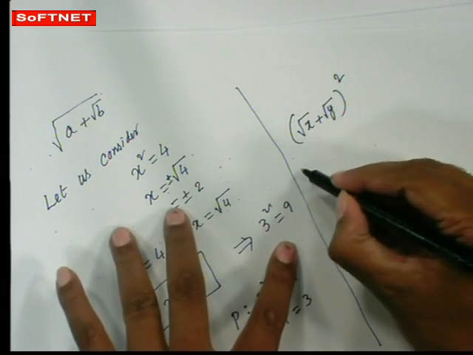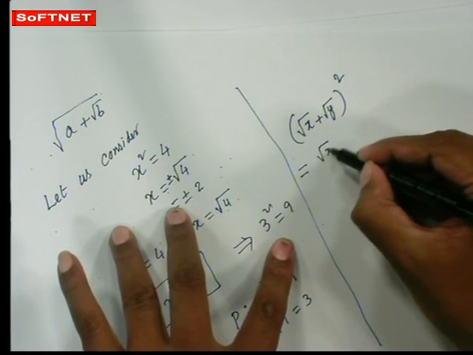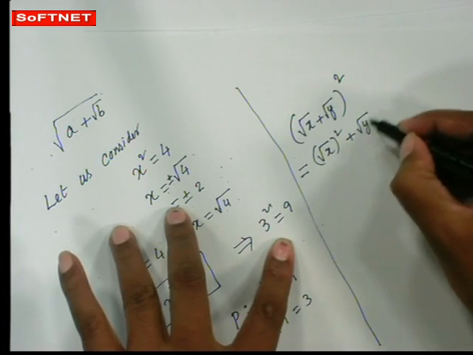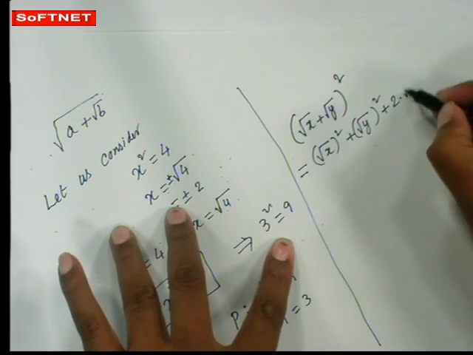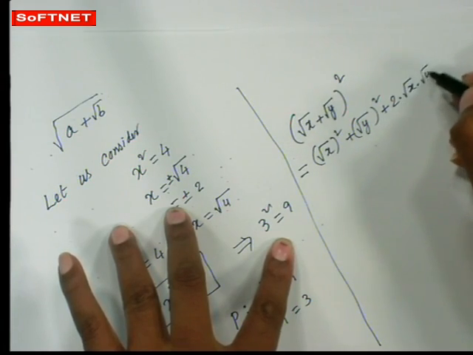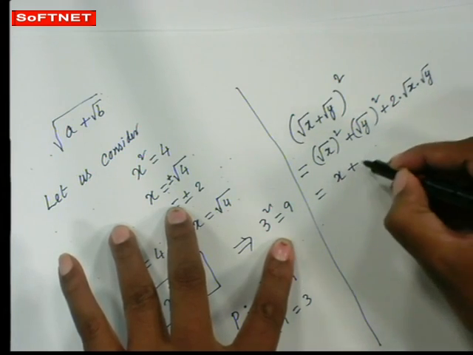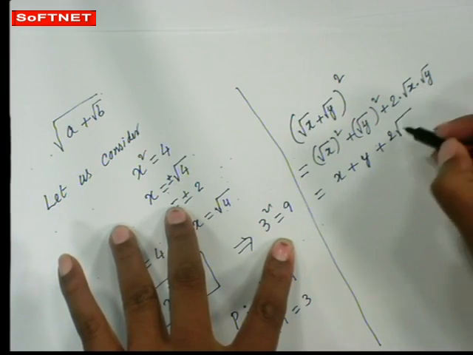Using the a plus b whole square identity, this can be written as root x whole square plus root y whole square plus 2 into root x into root y. So this is x, say this is y, plus this is, you can say, root of xy.